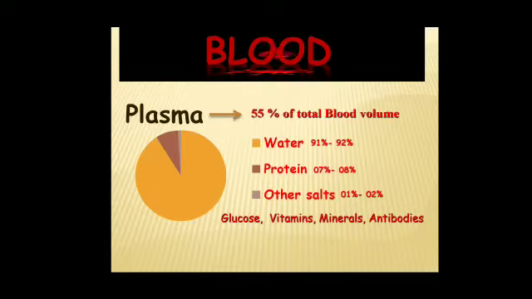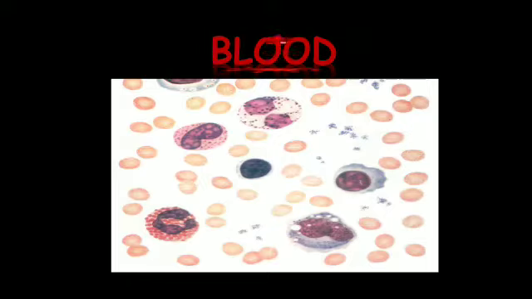In this picture we are seeing different types of cells. These are blood cells. Here we have red cells which are large in number, and in this picture you are also seeing a cell which contains a nucleus, which is larger in size but less in number.